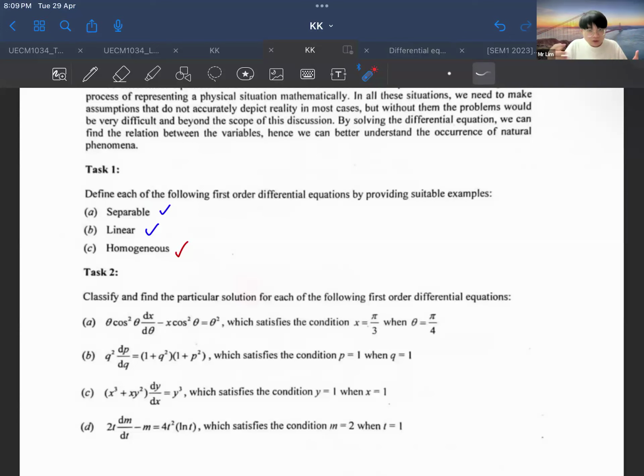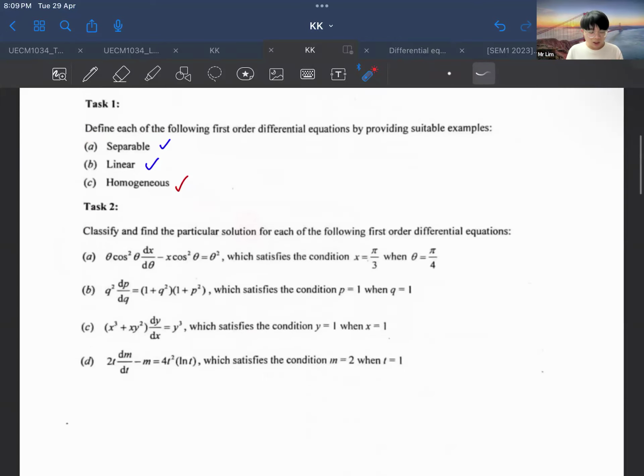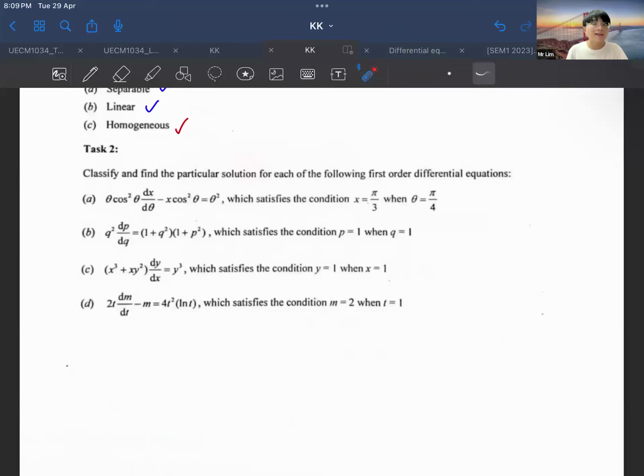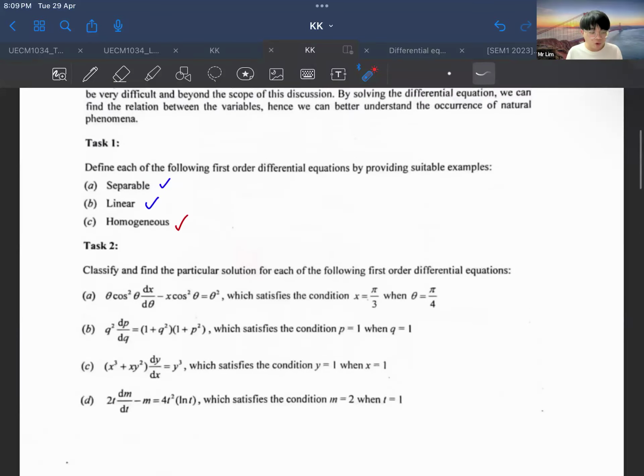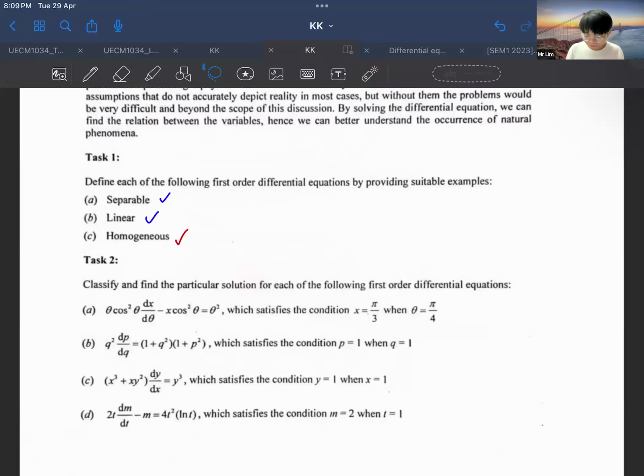If not, I'm the one that would be wanted by MPM. So I'm going to write something very simple, and for the definition part, I will leave you all to explore yourself. What I'm more concerned with is how to solve an example of a homogeneous DE. So that's my main goal. All right, so let's start.